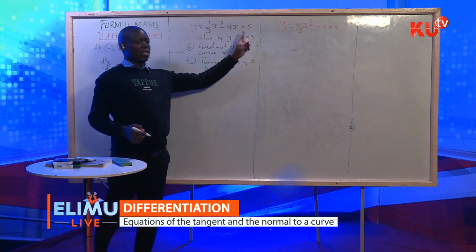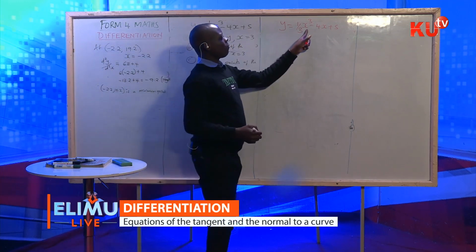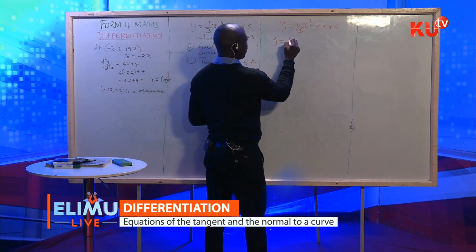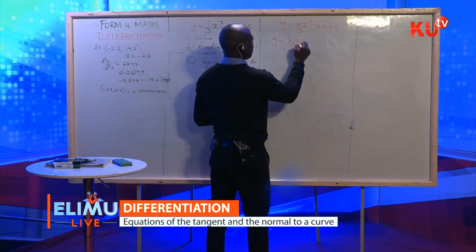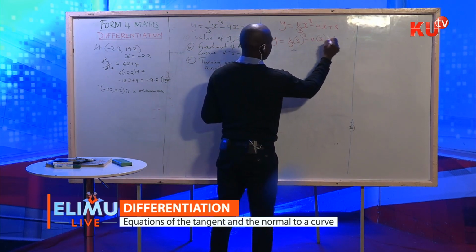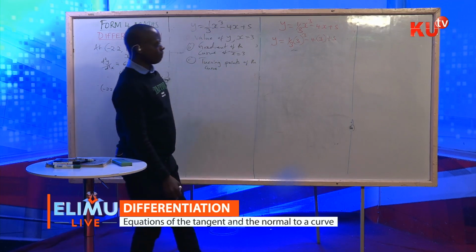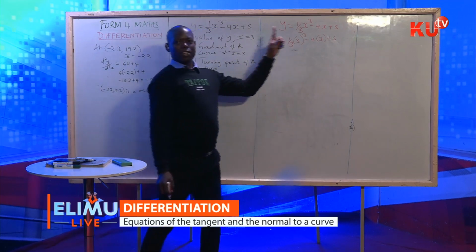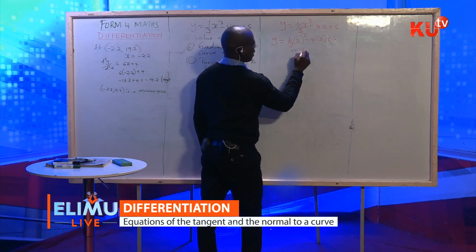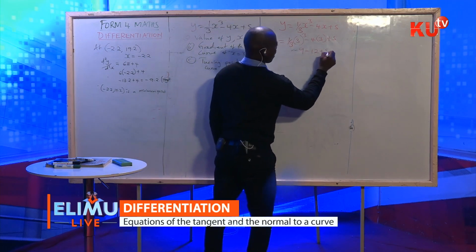It means replace the value of x with 3. So our y will be equal to a third into 3 cubed minus 4 into 3 plus 5. 3 cubed is 27, divided by 3 is 9, minus 12 plus 5.